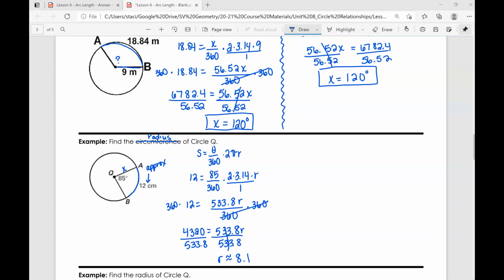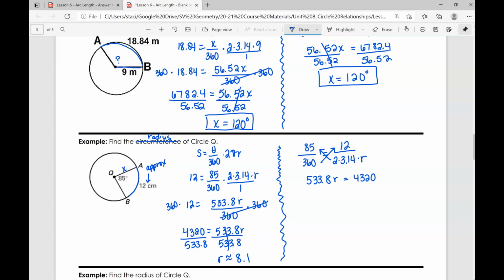Now, if you found this to be confusing, let's take a look at solving it the proportion way. I have the central angle over 360 degrees is equal to the arc length, which is 12, over the circumference, so 2 times 3.14 times r, because r is what we're solving for. If we cross multiply, 85 times 2 times 3.14 is 533.8 times r, and 360 times 12 is 4,320.